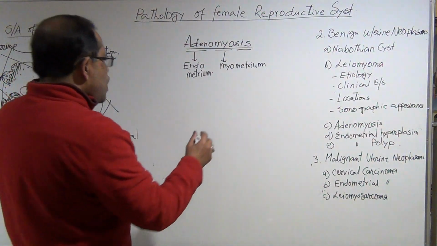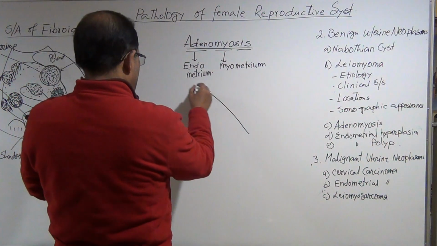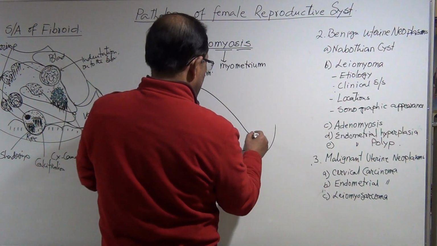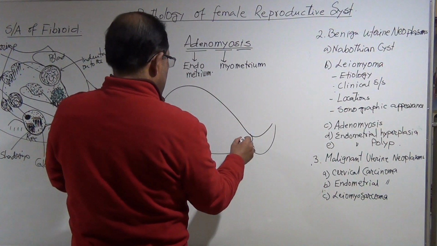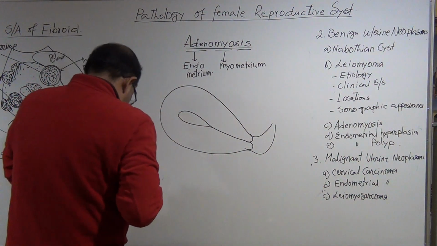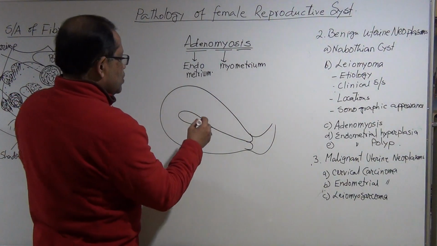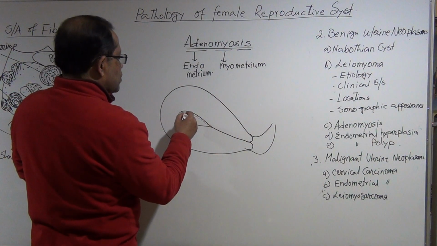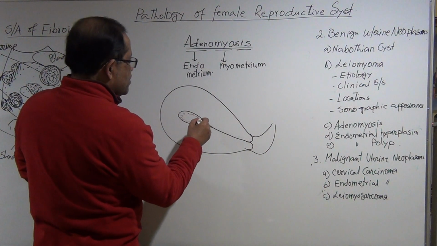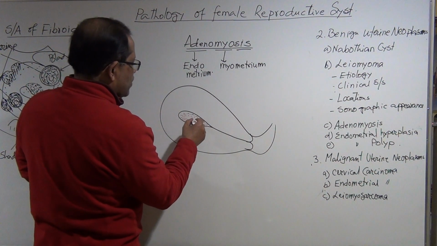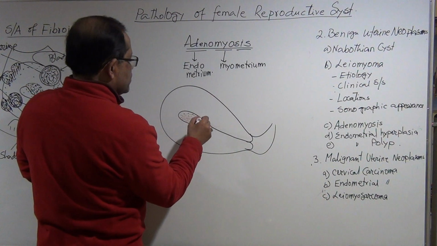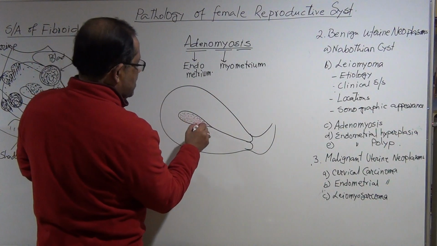As we know that normally every month there is a growth of endometrium towards the endocavity, right? Towards the endocavity there is a growth every month.